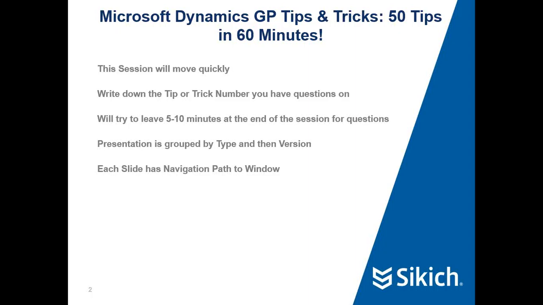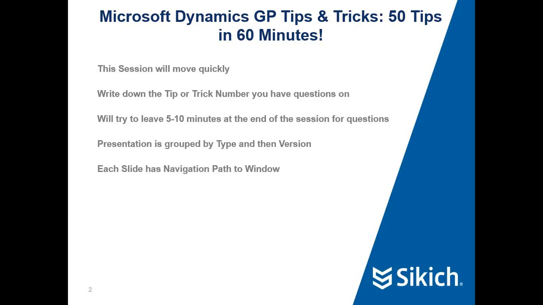Just so everybody has an outline of the presentation, I grouped the tips by type, meaning module: inventory, GL, purchasing, sales. And then I also grouped them by version. The reason I did that is because my assumption is that across the board we have folks on different versions of GP.